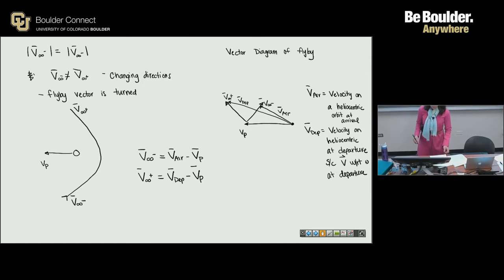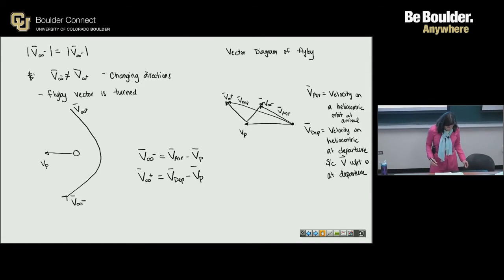Okay? So let's just kind of talk through, does everyone have this? Okay, let's talk through how we're going to get all these velocities. So let's do an example mission from, let's go Earth to Jupiter with a Mars flyby.